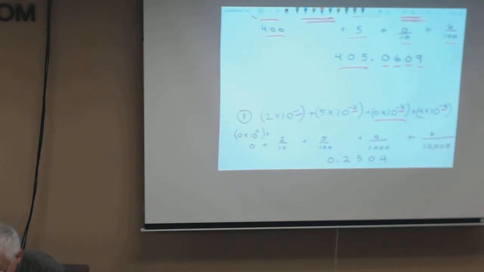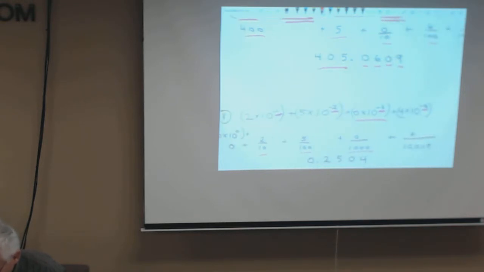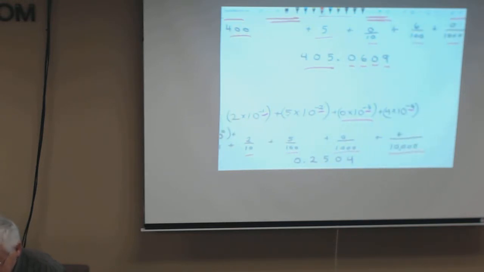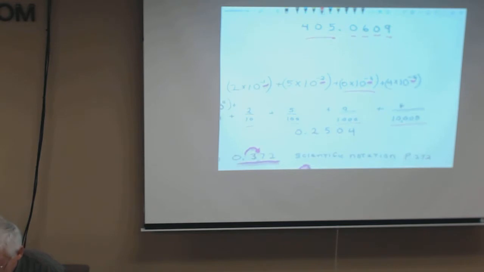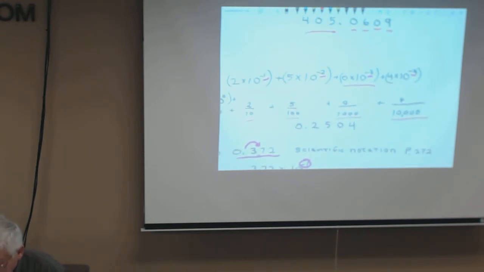And why do I do that? Because this is 0 times 10 to the 0, or it's 0 ones plus 2 tenths plus 5 hundredths plus 0 thousandths plus 4 ten thousandths. And what does that look like when I write it in decimal notation? 0.2504.